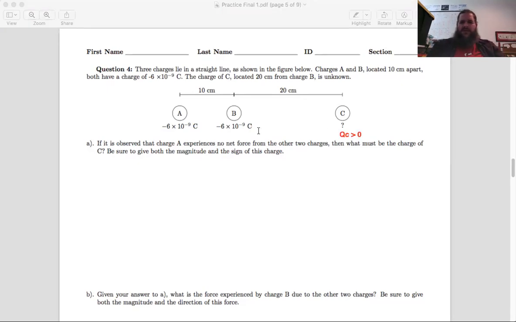And to figure out how much, if charge A is experiencing no net force, what do we know about the electric field at location A? It has to be 0. Right. Like, you add them. Yeah, because the only way to get a charged particle experiencing no electric force is if it's at a location with no electric field. So what might be useful here is to ignore charge A entirely.